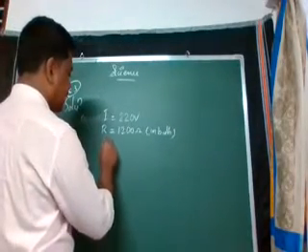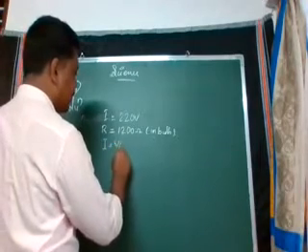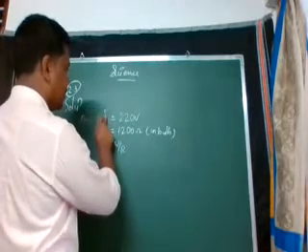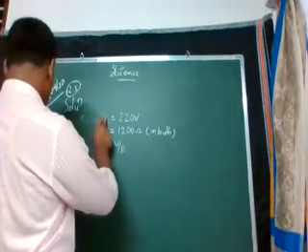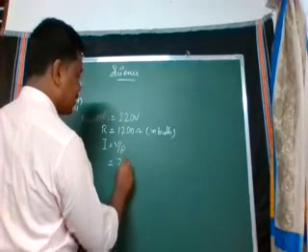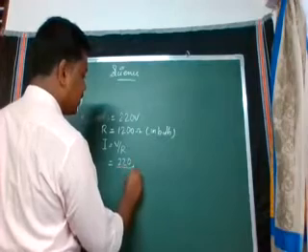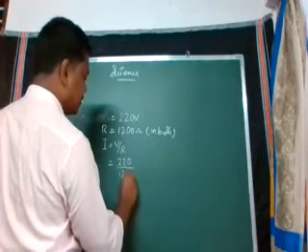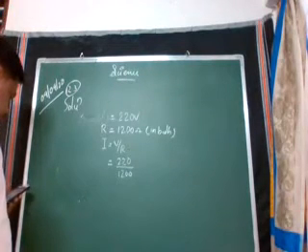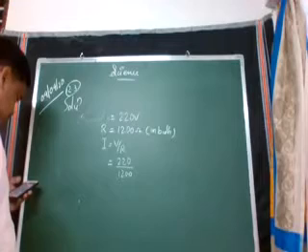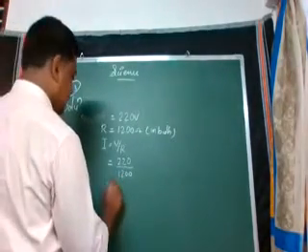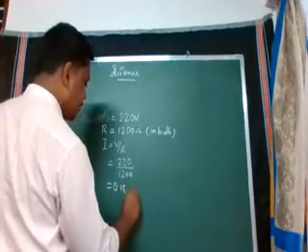In the first case we take the equation I is equal to V by R. Therefore I is equal to V by R, which is 220 volt by resistance 1200 ohm. So the answer is 0.18.